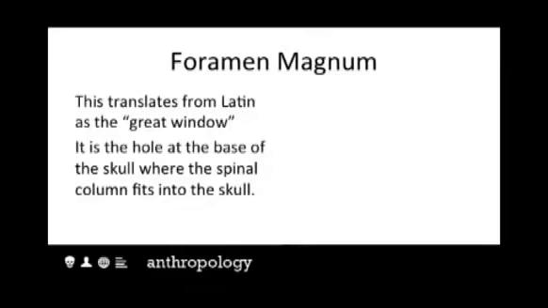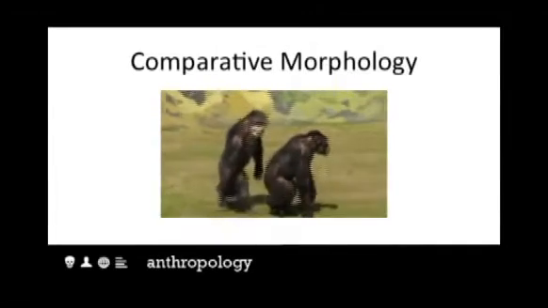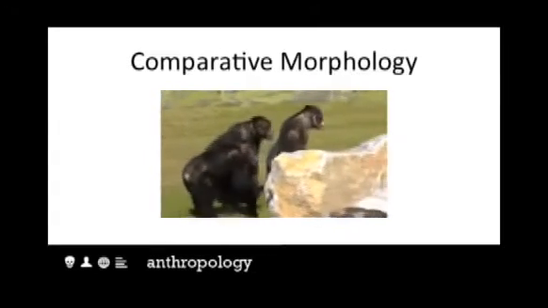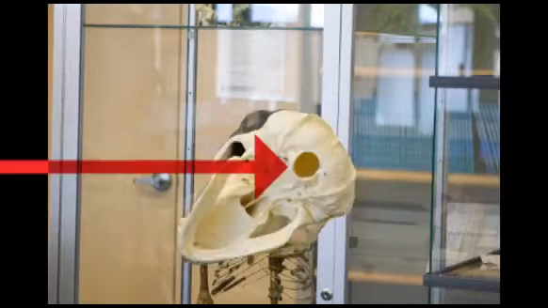Now this is in humans, particularly modern humans and upright walkers. In the great apes, the knuckle walking apes, the foramen magnum is positioned more posteriorly, and its opening is slanted more towards the back of the skull.